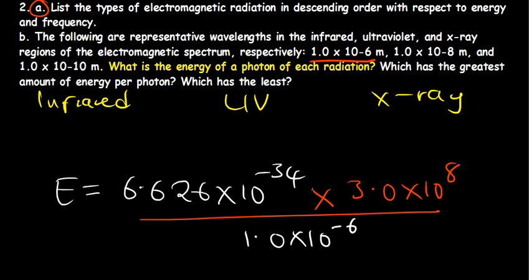The value I'm getting is 1.9878 times 10 to the power negative 31 joules.